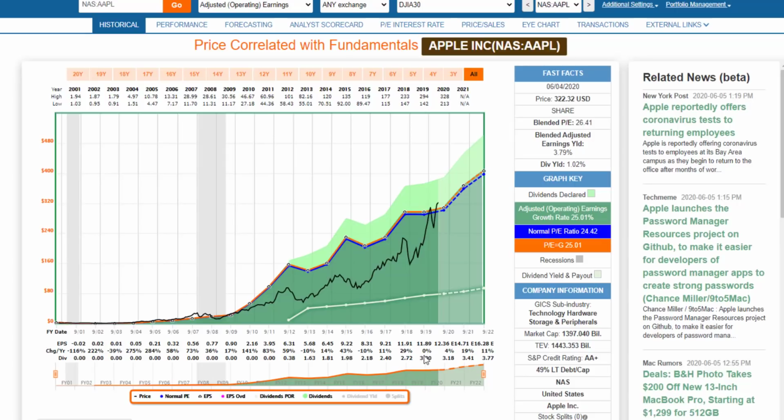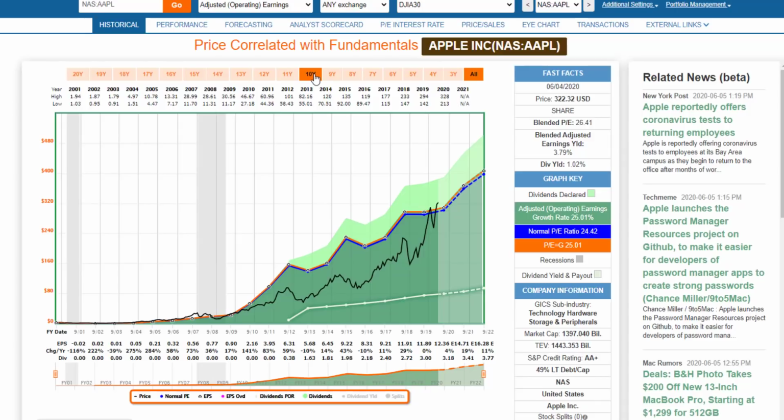And if you look at 2019, which ends in September, because Apple has a September fiscal year, growth was 0%, literally. There was no growth that year. And then there was only 4% earnings growth for 2020, which is an estimate, of course, and then 19% in 2021. So that growth rate does not add up, obviously, to 25%.